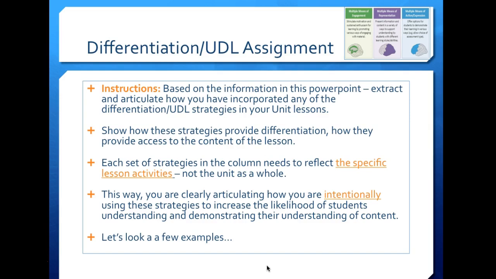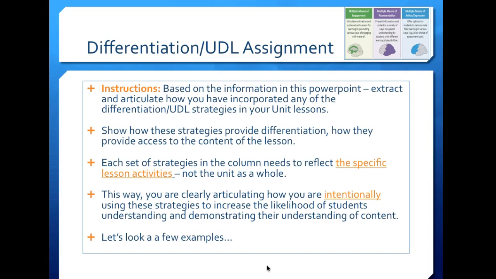So the right-hand column for each lesson is what you're looking at now, inside of the unit. Each set of strategies in the column needs to reflect the specific lesson activities, not the unit as a whole. So your differentiation and UDL strategies are specific to each lesson. For each lesson, they're going to look different because the activities in each lesson are different.